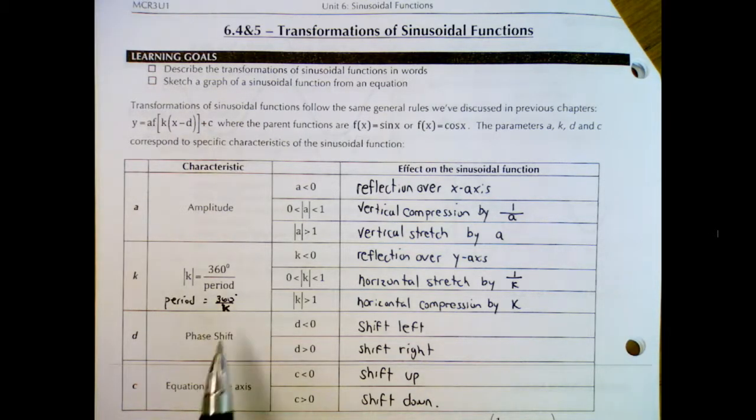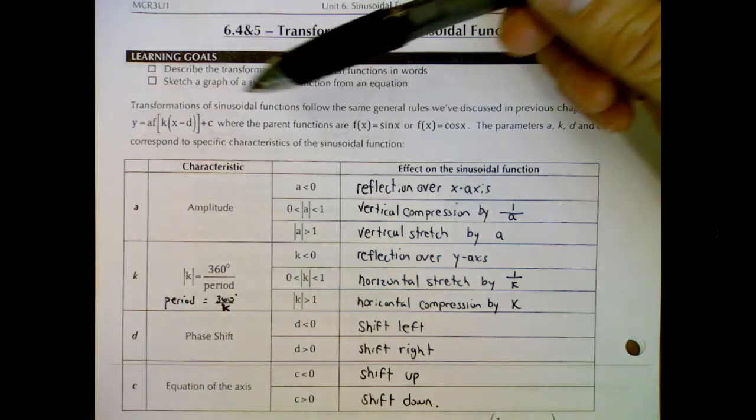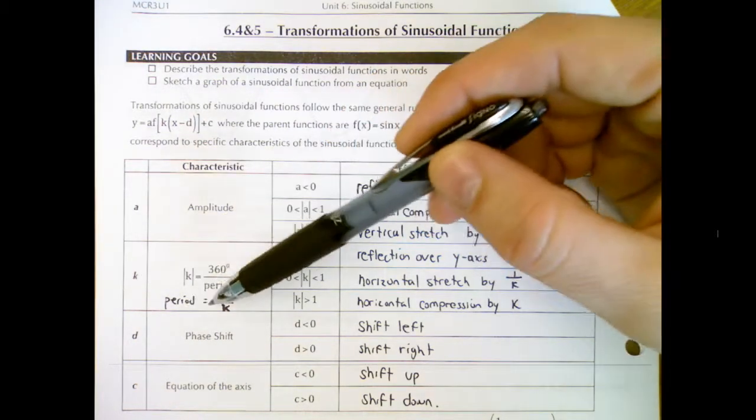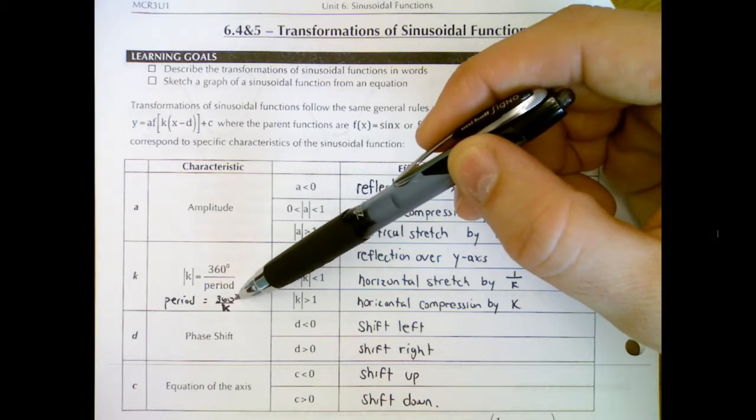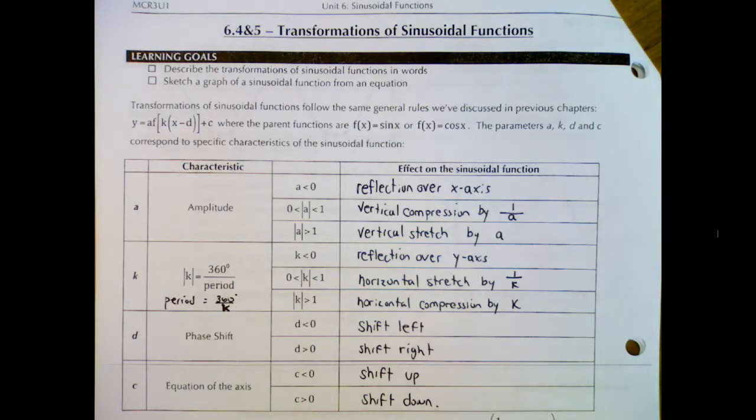So that period that was 360 divided by 2 should be now 180, and that's how the compression relates to the period. So that's a nice relationship. If you know the equation and you can pick up the K value, you know what the period's going to be. If you take that K value and divide 360 by that K value, you'll get the period.